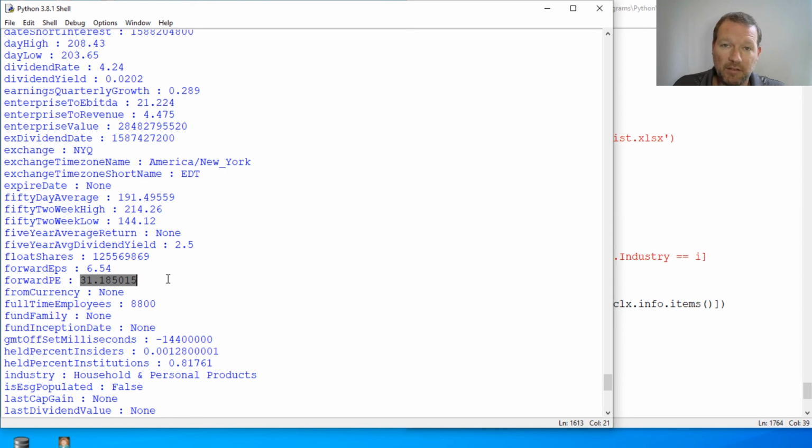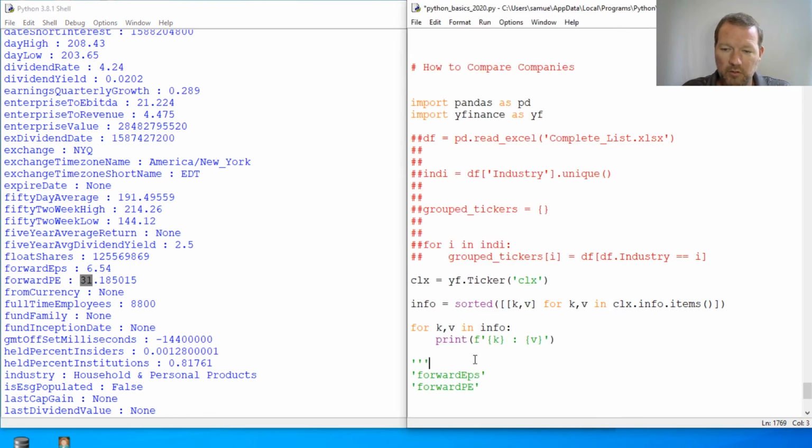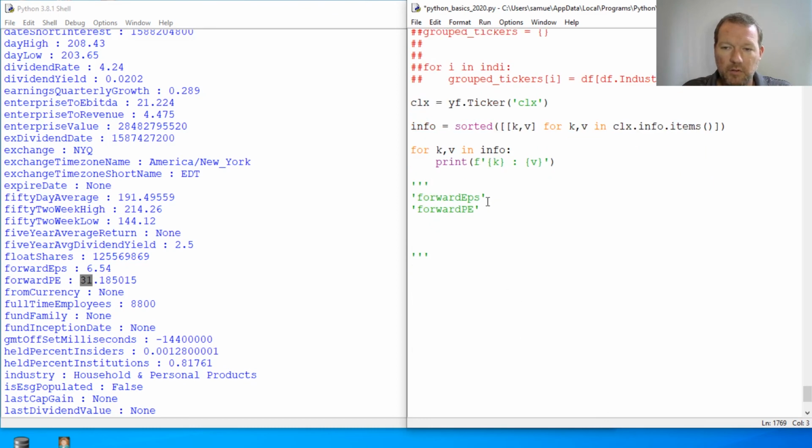I want you to think about that. This company is trading right now at 31 times its future earnings. So these aren't even things that it's making. So that's one of them, future earnings, and then the PE. So here they are together.